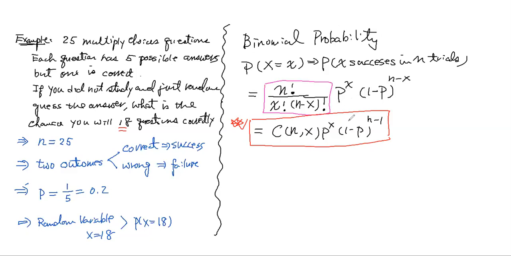So let's take a look at some examples. It's pretty easy here. The first example: suppose a family has 5 children.